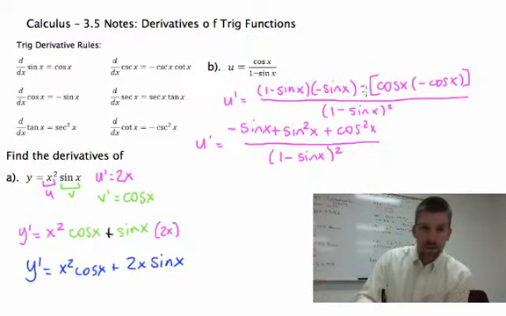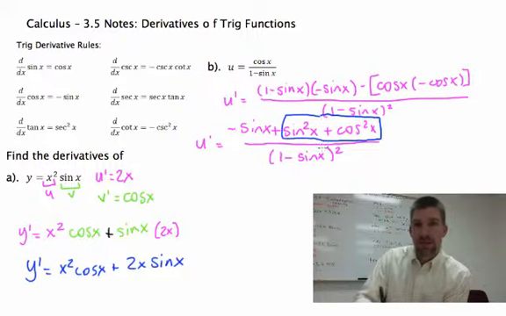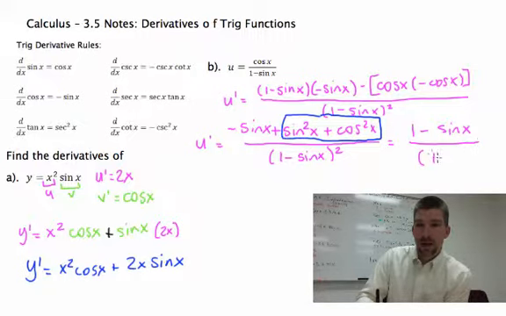And if you'll remember back to the glory days of trig, we loved anything that showed up as cosine squared x plus sine squared x, because that whole thing goes to 1. And so what I'm really working with is 1 minus sine x over 1 minus sine x squared.